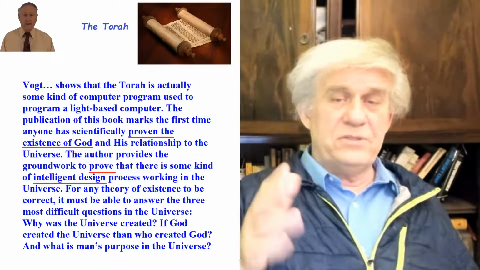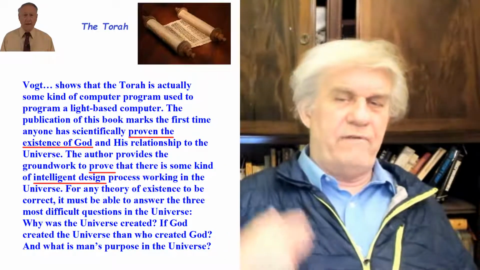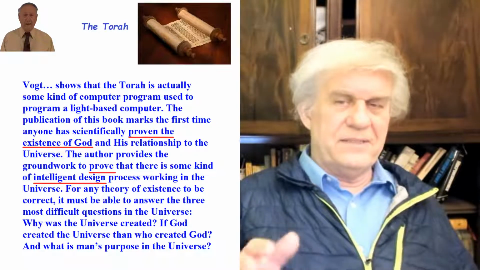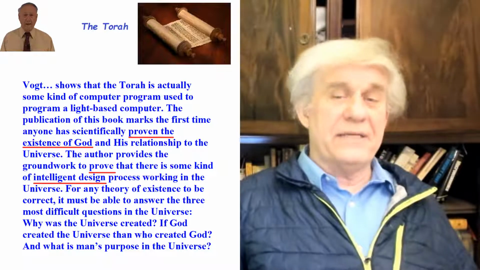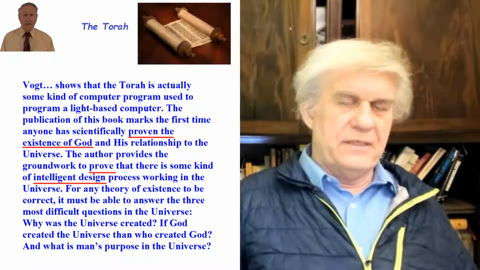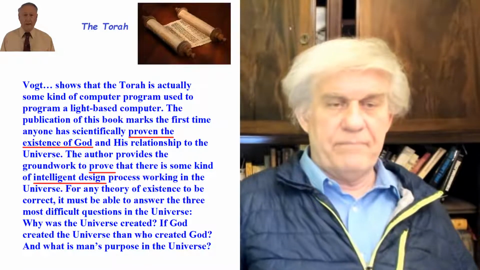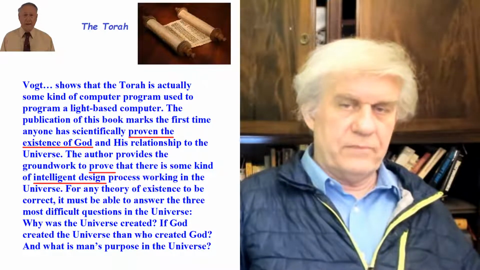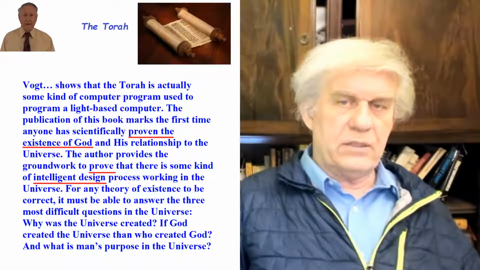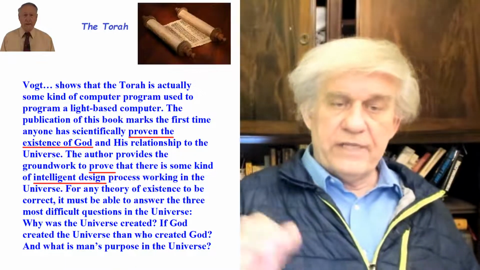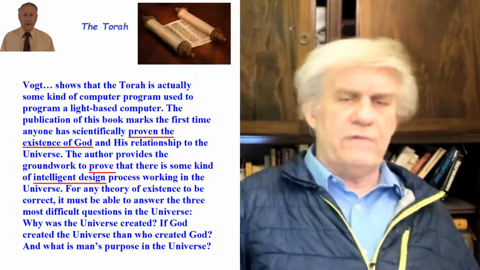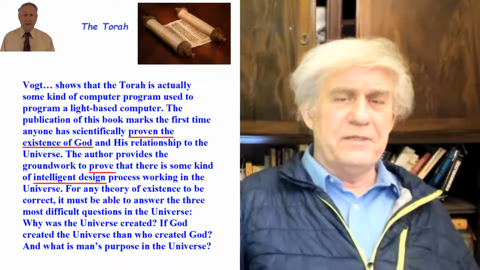Yeah, they use these words, correct, proof, evidence, data. All these people are doing the mathematical method, not the scientific method. They harp on persuasion, on conversion, on recruiting, on converting, you know. For any theory of existence to be correct, it must be able to answer the three most difficult questions in the universe.